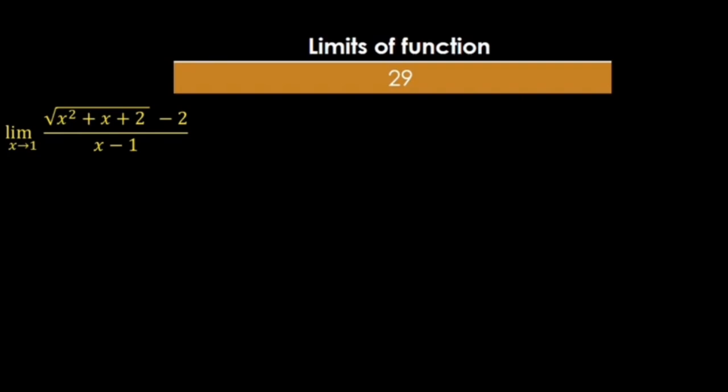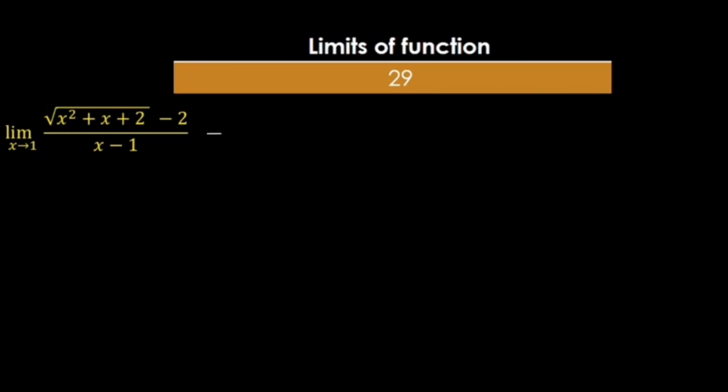Here we also have to find the conjugate of it. It's the only sure method in solving a question like this one. You have to find the conjugate. That is square root of x squared plus x plus 2 minus 2. And I can just do it here directly, canceling this one out.